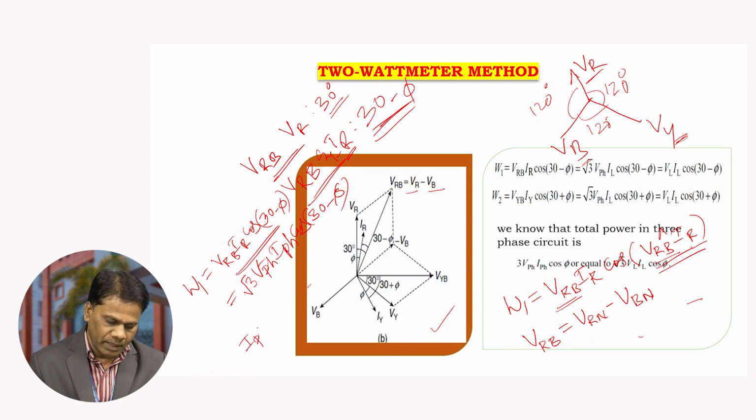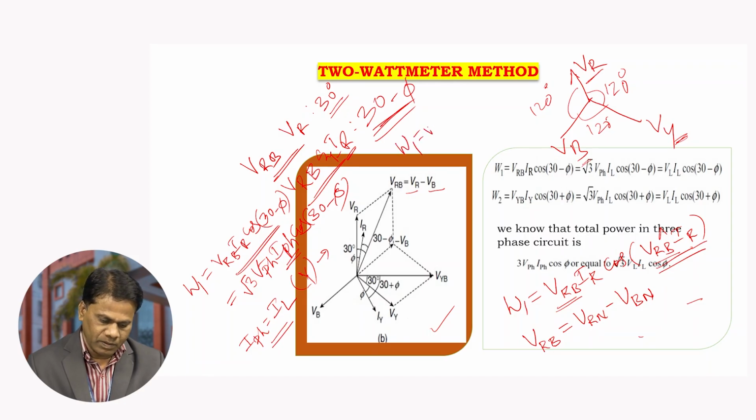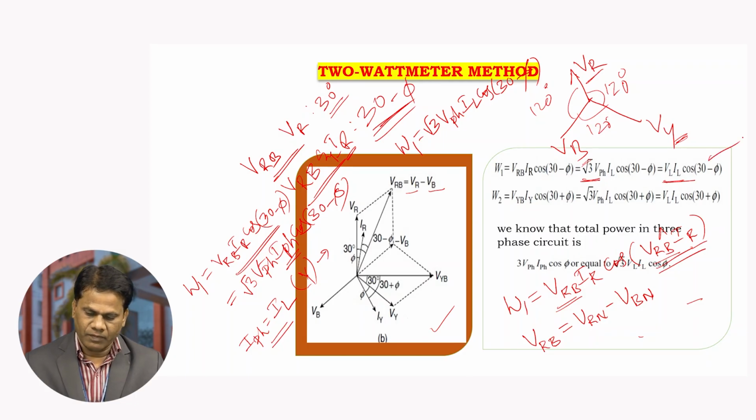Similarly, phase current equals line current in star connection. So substituting for phase current, finally we get W1 equals root 3 times V phase IL cos of 30 minus phi. So this is the final equation. In terms of line voltage, we get VL IL cos of 30 minus phi.